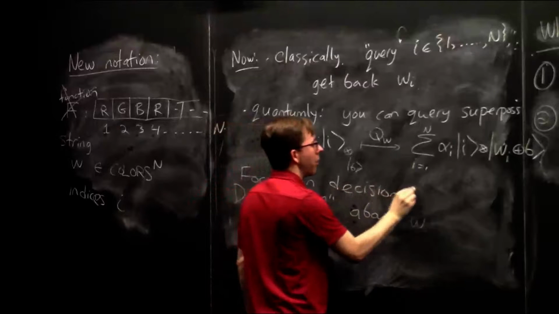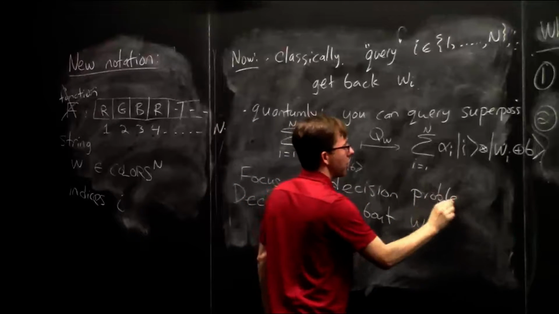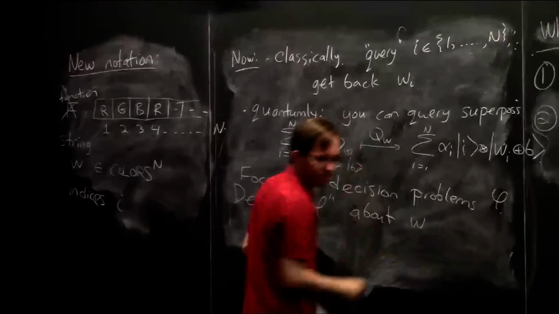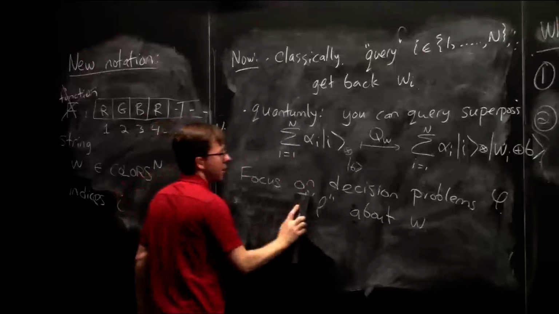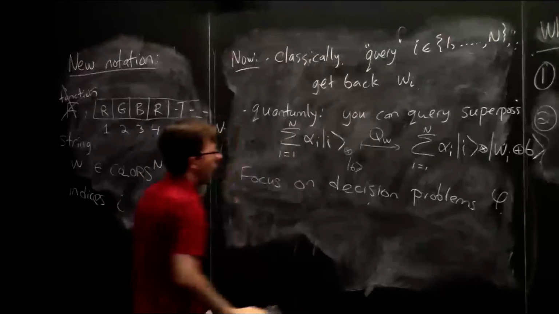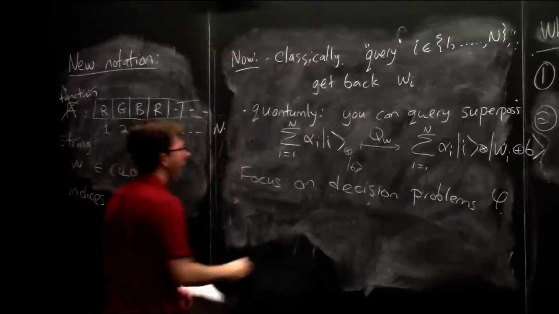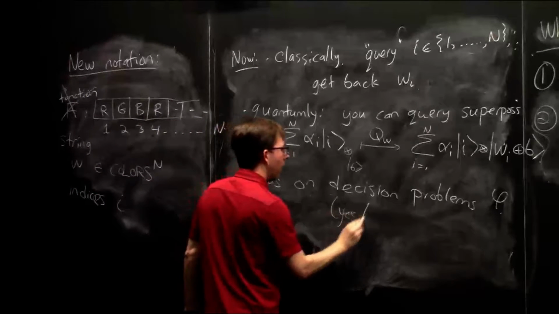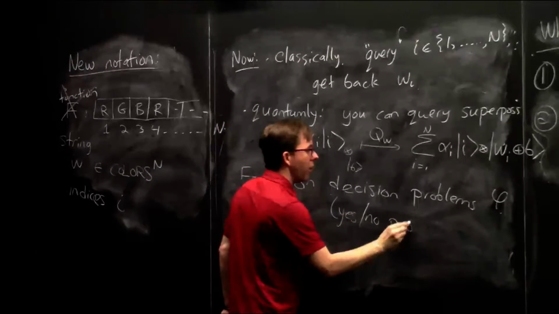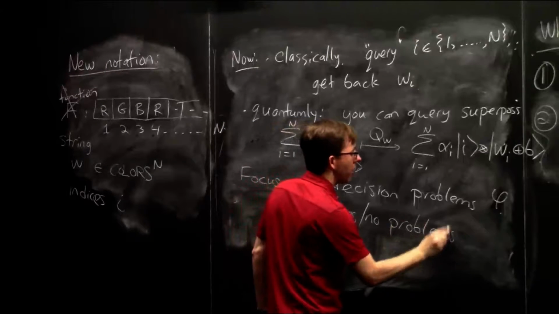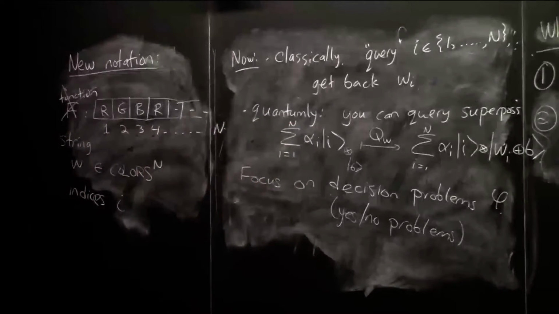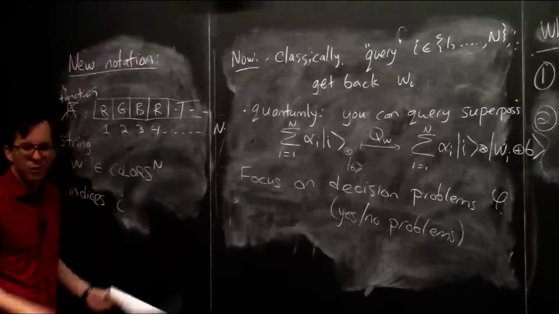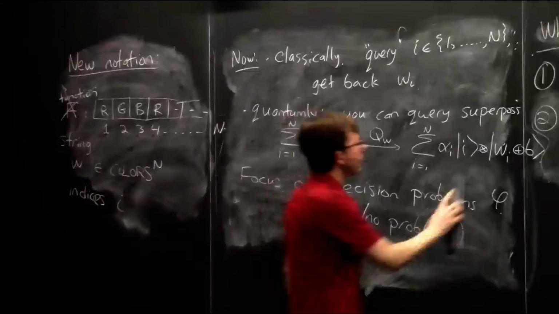We're going to focus on decision problems for simplicity. What's a decision problem? It's just a yes-no problem. This is just for simplicity. It makes things easier to talk about. For each of the problems that we've mentioned, like Simon's problem, Grover's problem, et cetera, there's a natural yes-no version of the problem, which I will remind you of or tell you about. And we'll focus on that version because it's a bit simpler.